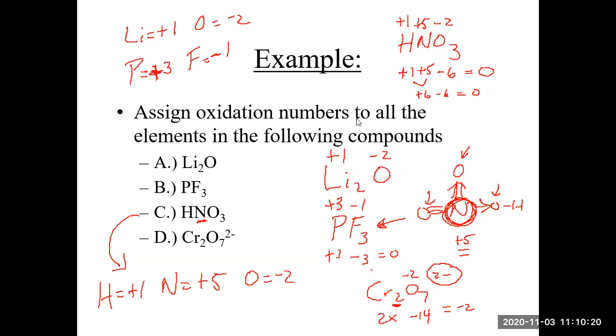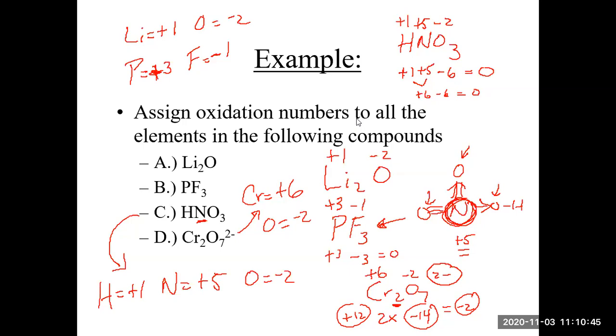So in this case, each chromium needs to be +6. +6 and 2 is +12. +12 and -14 gives us a -2 that's left over. And in this particular case here, we end up with chromium as +6 and our oxygen here as -2.